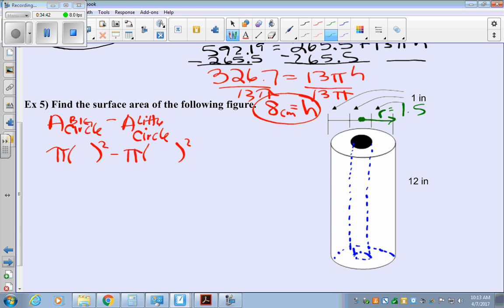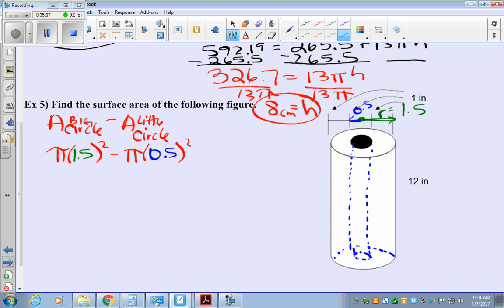Each one of these tick marks is 1. If I'm starting at the middle, I only get half of 1, and then plus 1 more. So this is 1.5. And then what's the radius of my tiny guy? 0.5.